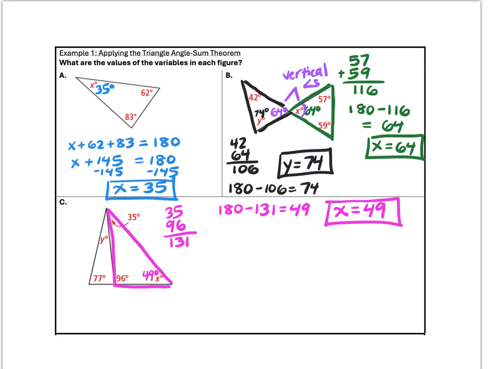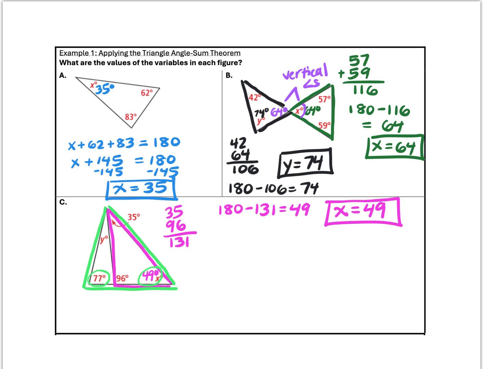Now we need to also find the y. And for the y, there's definitely a couple of different ways that we could do this. But I want to draw your attention to the fact that there is like an outer triangle here. So if I look at this triangle, the outside triangle, we have two of the angles right now. We have a 77 and we have a 49.